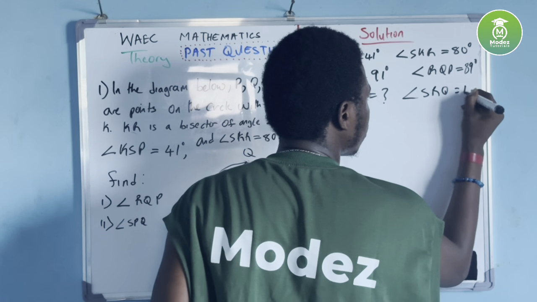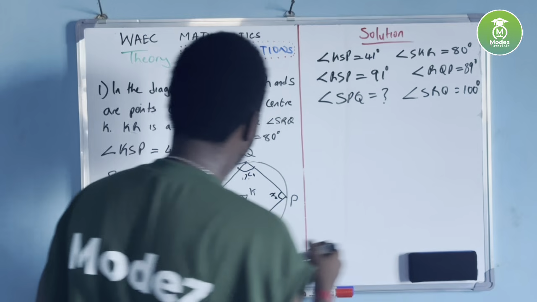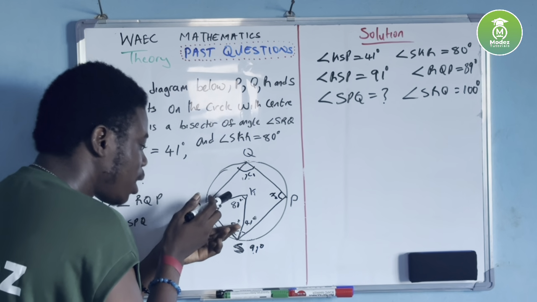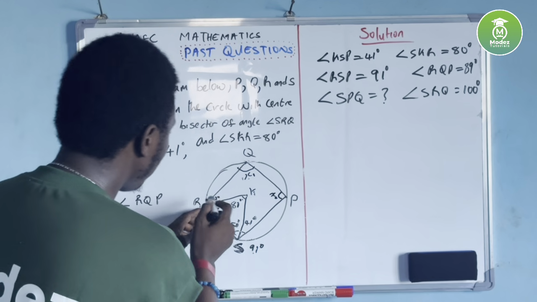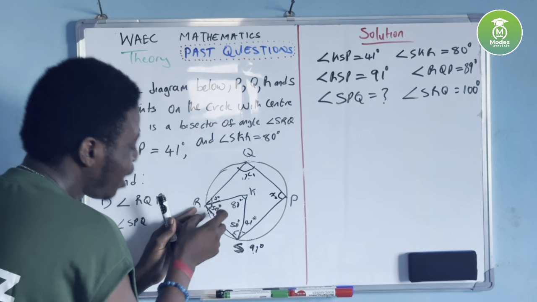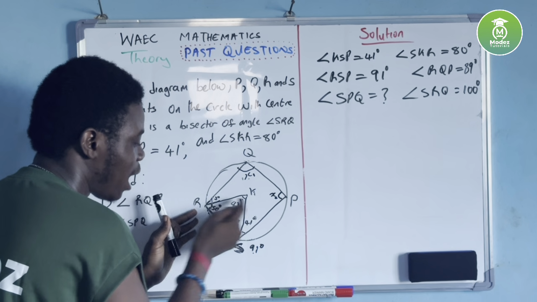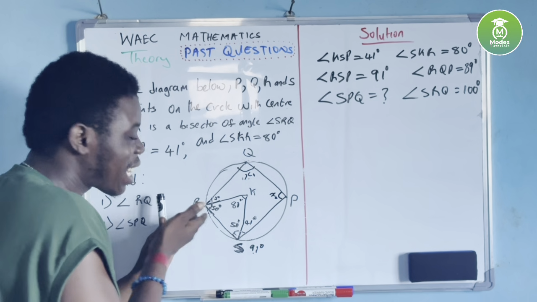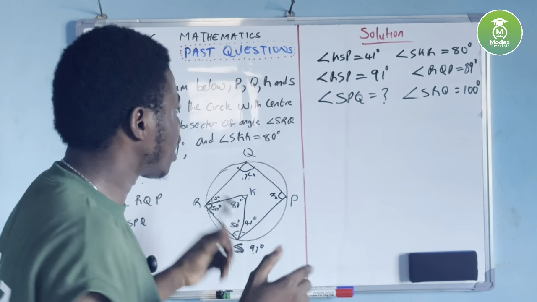Why? Because 50 plus 50 will give you 100. And how do you get the 50? Because this KR line is a bisector that cuts this angle into two perfectly equal halves. I hope you are getting it.